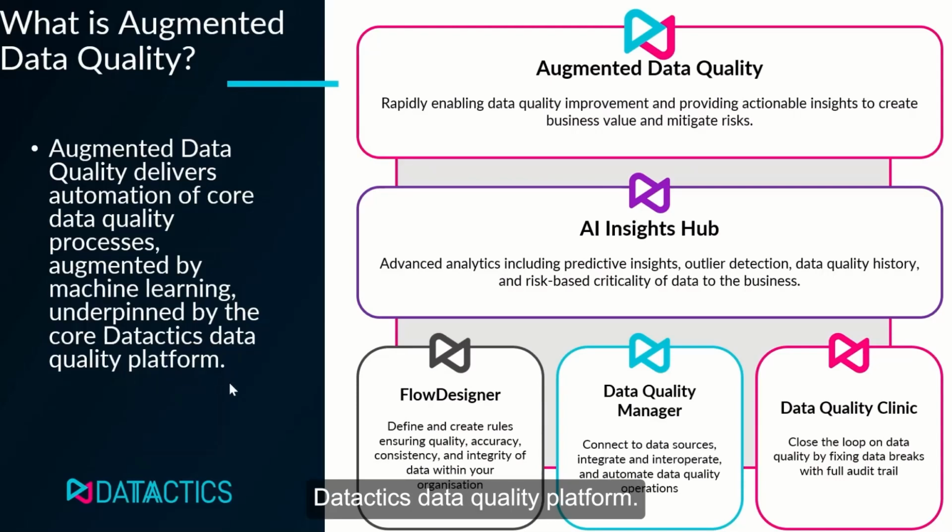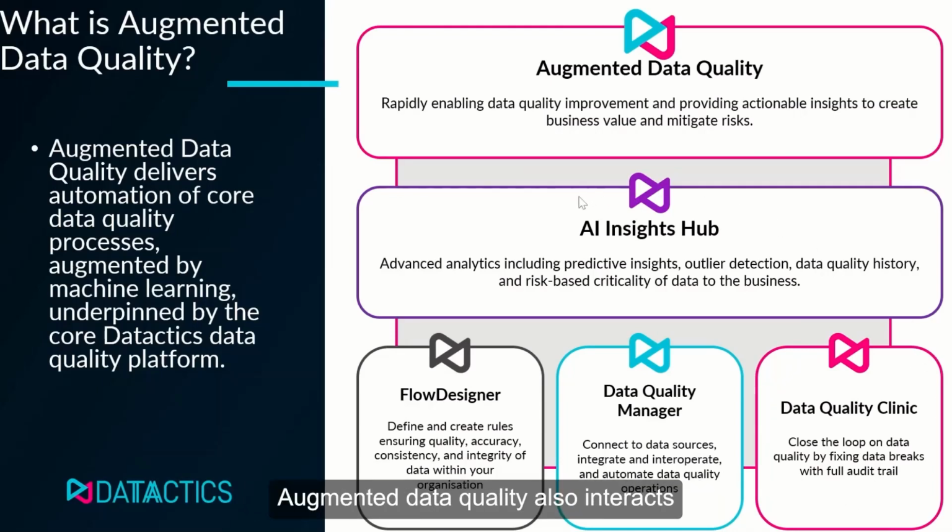quality platform. So that means that there still are three core pillars in the Datactics platform, which are Flow Designer, our rule building studio, Data Quality Manager, which is the connectivity hub, and the server environment where all data quality operations are automated, and then Data Quality Clinic, which is where bad data gets quarantined for the remediation process.